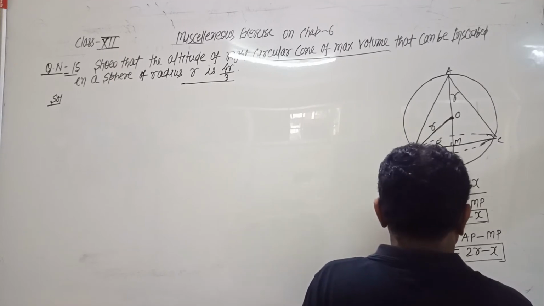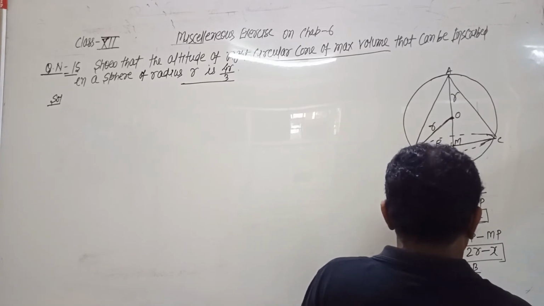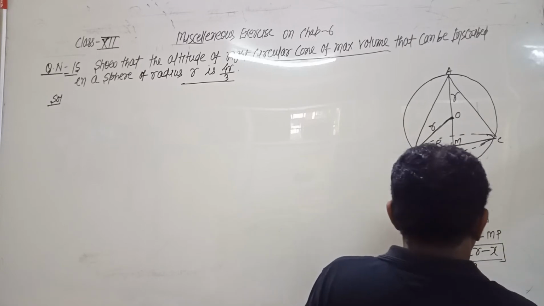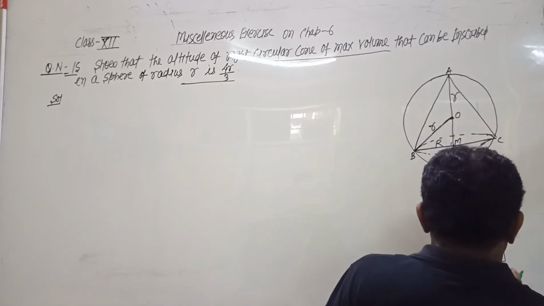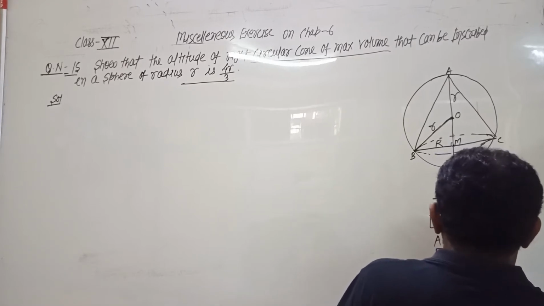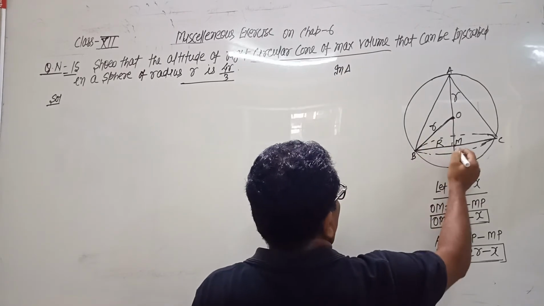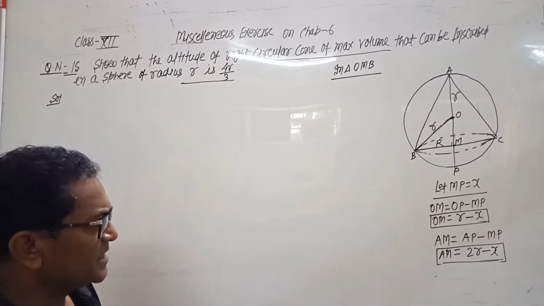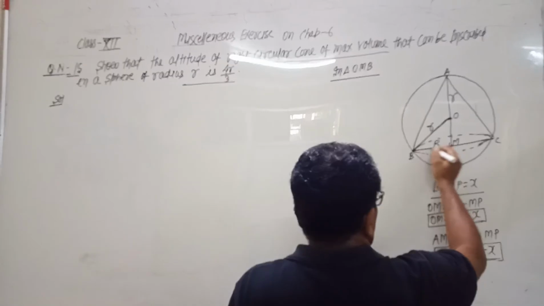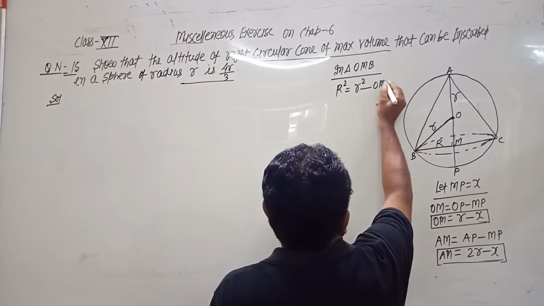In triangle OMB, capital R square equals small r square minus OM square, that is, base square equals hypotenuse square minus perpendicular square.